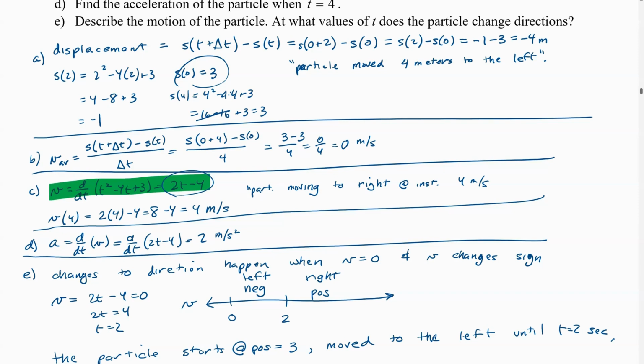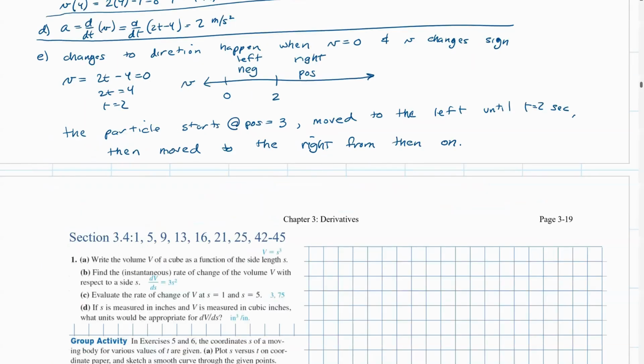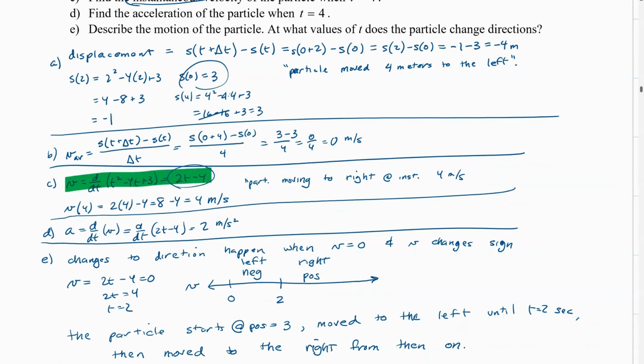Then moved to the right from then on. There we go. That's a pretty good description of what was going on with that particle. All right, and that concludes our 3-4 lecture.